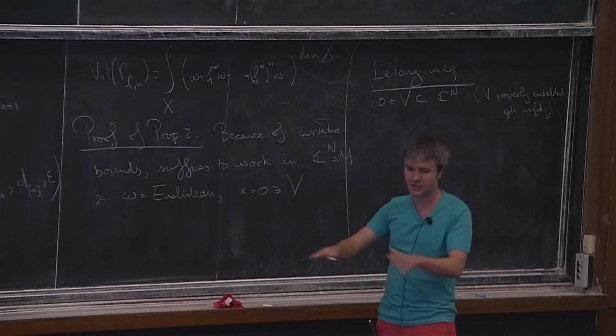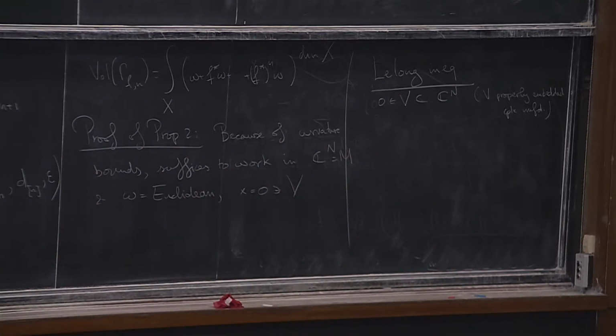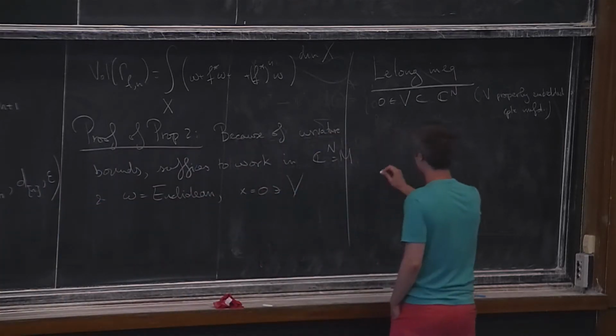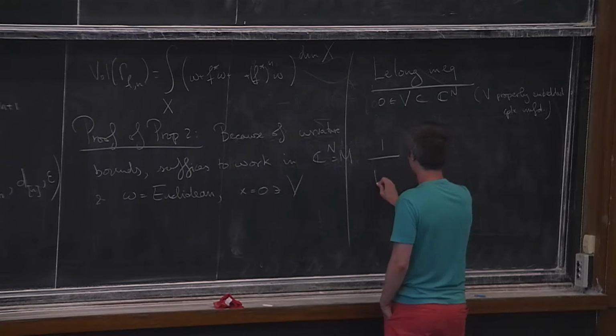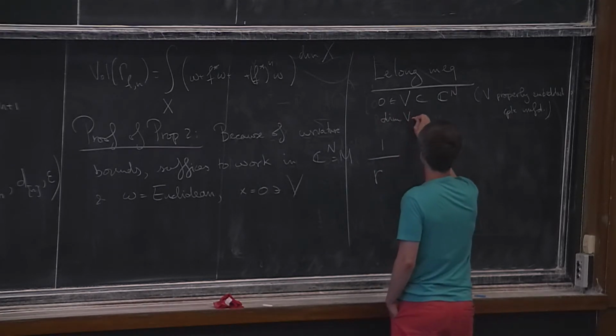It means that it doesn't just run off at some point. So of course, I could just say that this is my whole surface and take a much larger ball. So properly embedded means that the preimage of any compact set in C^n is compact in V. OK? So under these assumptions, the Lelong inequality tells us the following. Let me say that the dimension of V is equal to d, so the complex dimension.